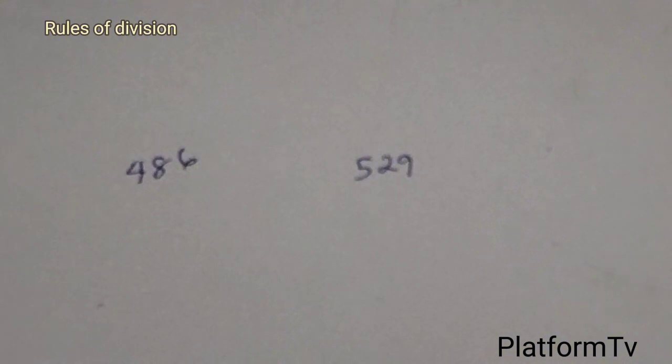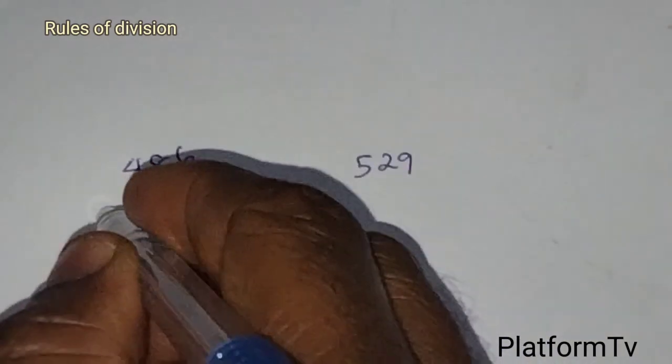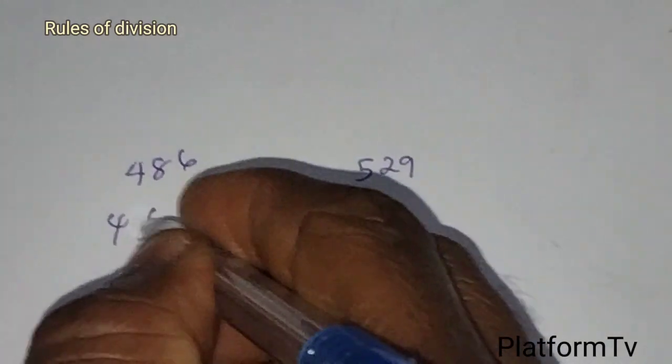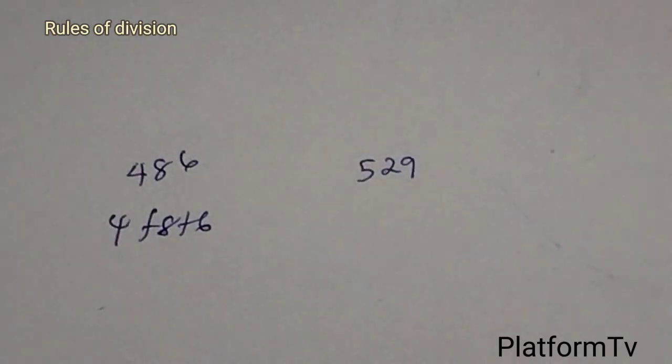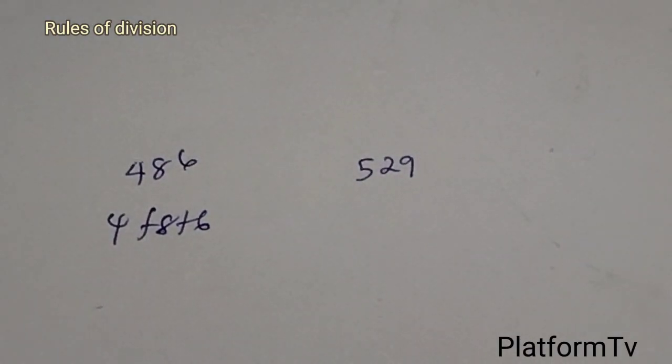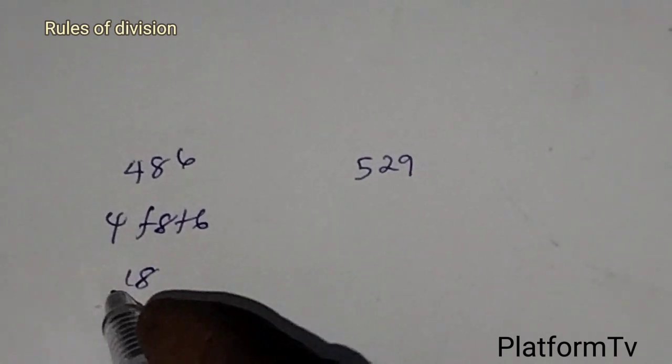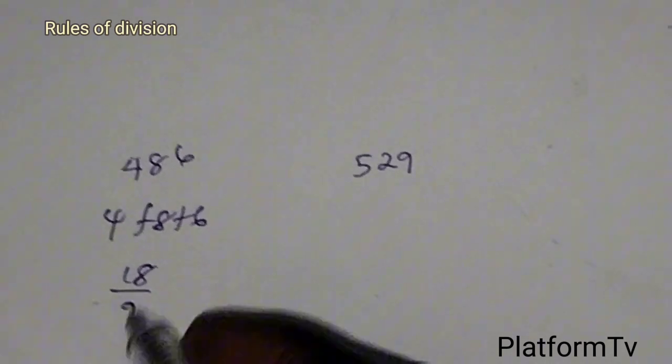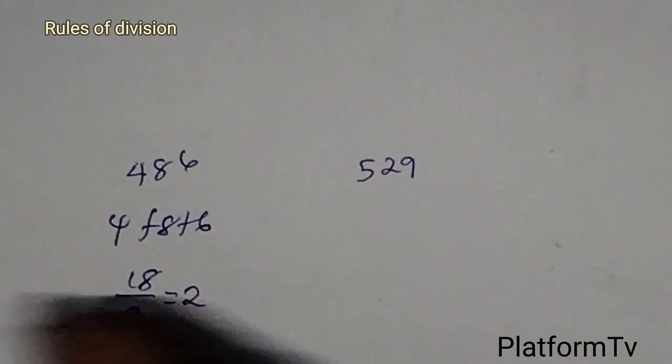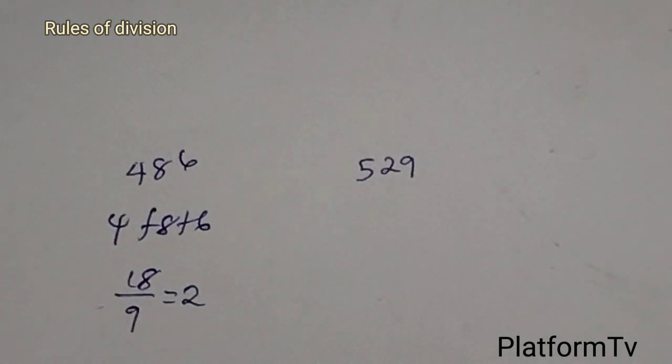I also want to check if 529 is divisible by 9. So we're going to take the digits and add them together. 4 plus 8 plus 6 gives me what? 18. Is 18 divisible by 9? Yes, my answer is 2. It means that 486 is divisible by what? 9.